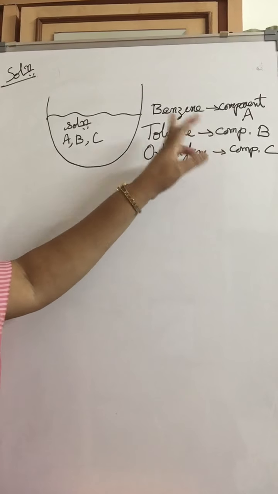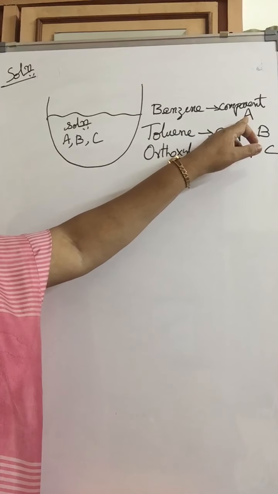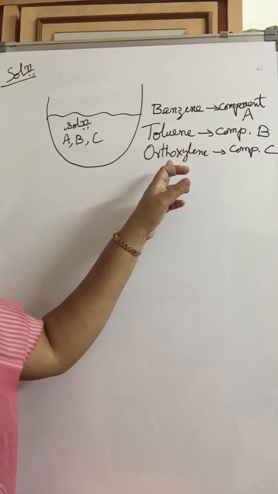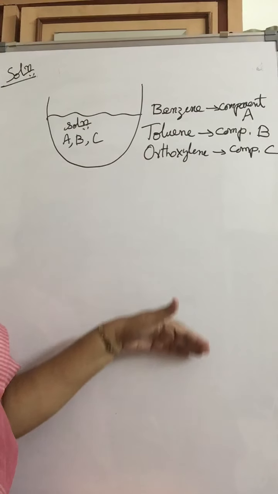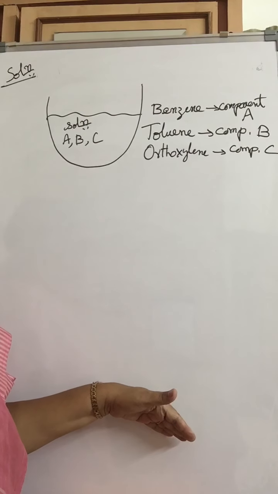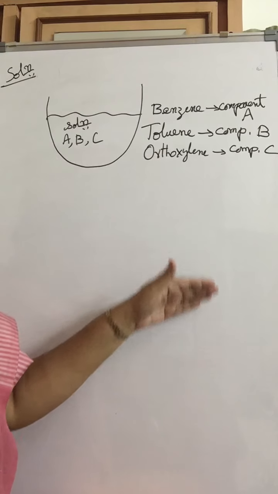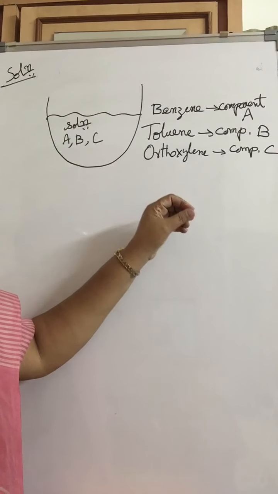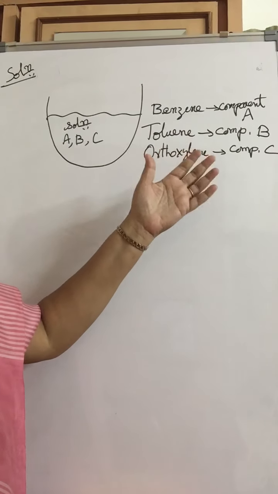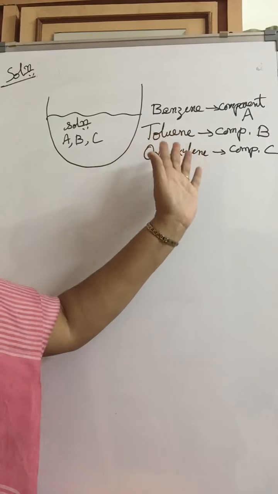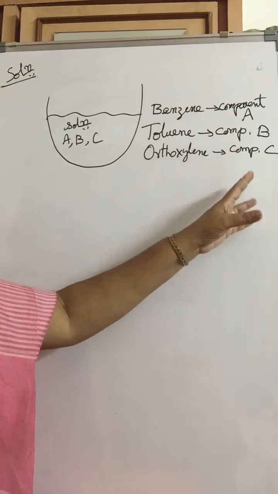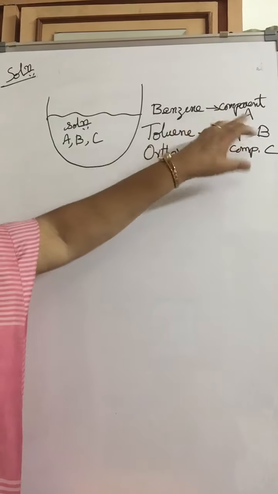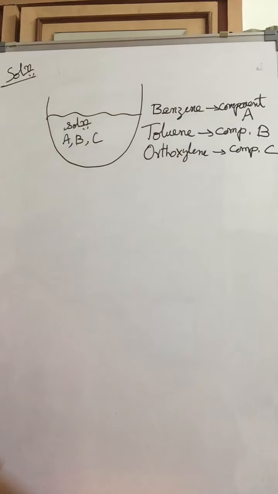Why? Once you give the names A, B, C to the given components, then afterwards when you write equations, that is laws, Dalton's law, everything, you need not write every time partial pressure of benzene and all that, and it will be clear to you when you write like this. So start the solution with this.